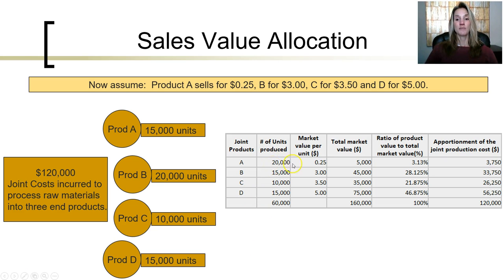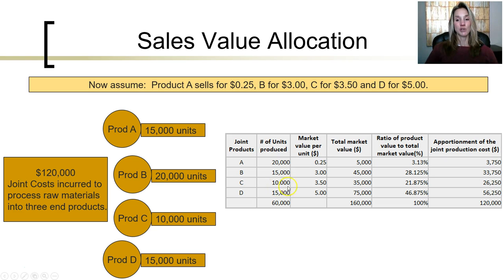20,000 units of A at a 25-cent sales value means the total market value, or the total sales value, is $5,000. Product B, we produce 15,000 units at a selling price of $3 per unit. Total sales value, total market value, $45,000.